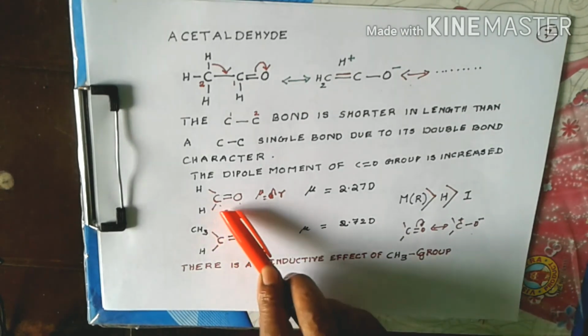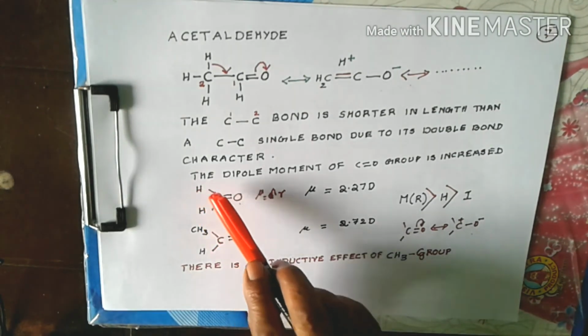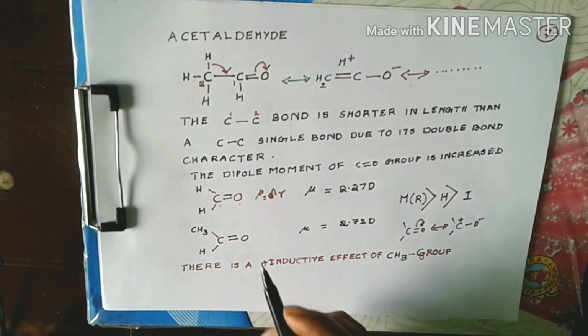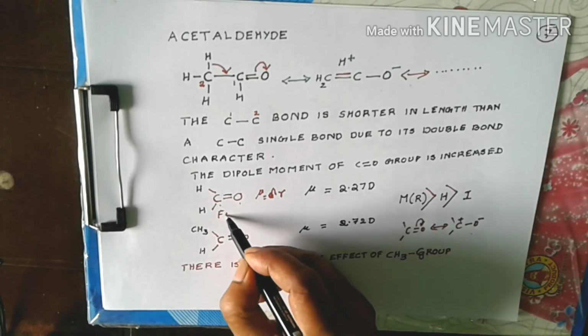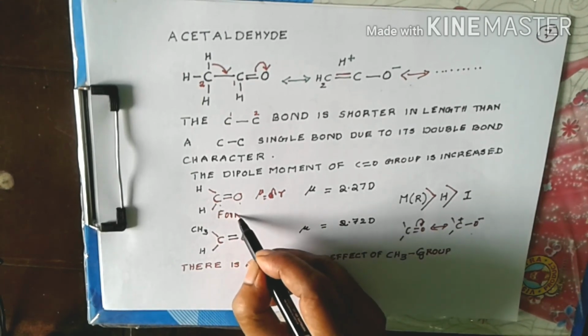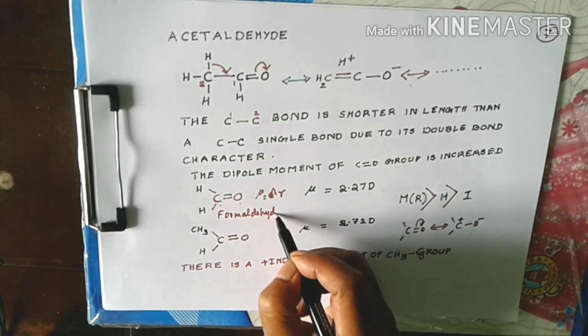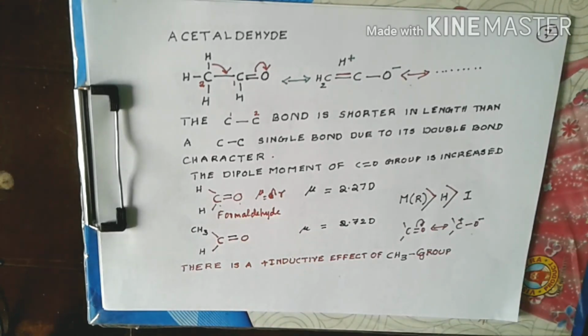In the case of this molecule, this is HCHO, that is formaldehyde. In the case of formaldehyde, there is no hyperconjugation and there is no inductive effect also.